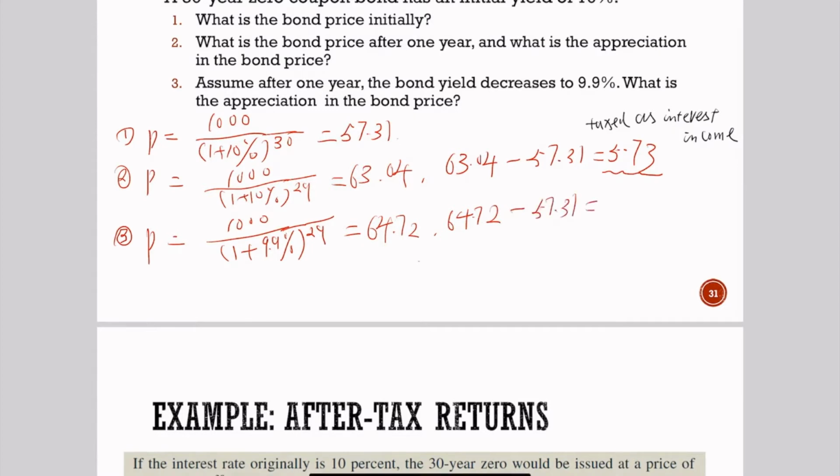Let me use my calculator to see what the price is here. So this is 7.41. And the question is how this appreciation will be taxed, right?